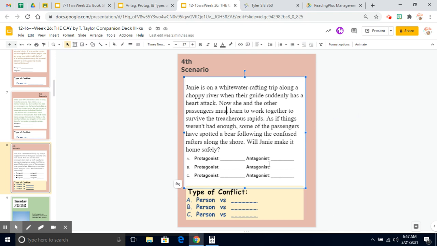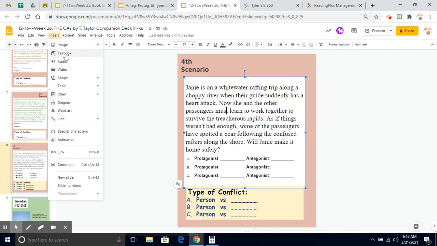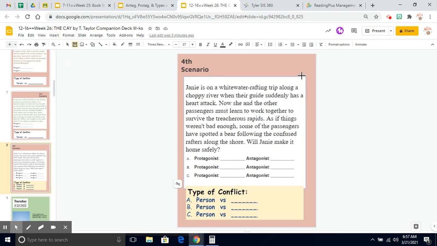So there are multiple situations going on here. A, B, and C coordinate with A, B, and C in your conflicts. Think about them reasonably. If you need to pull a text box to go, she's fighting against whom here, then write about it. That's fine. Good luck.